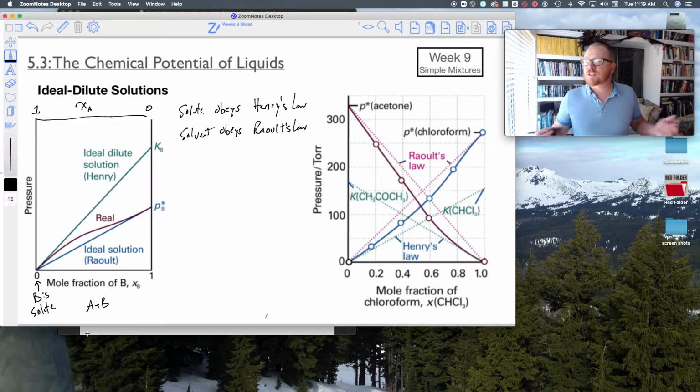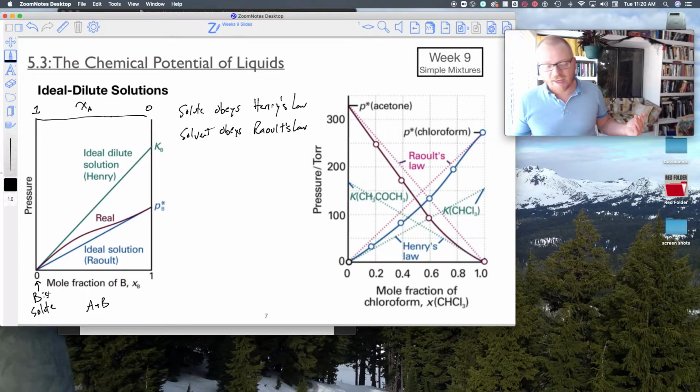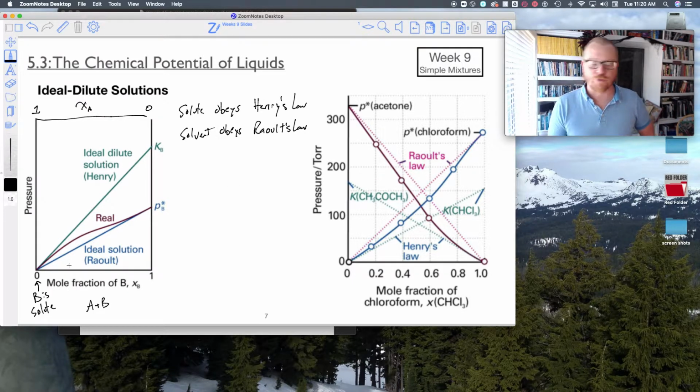And I can say B is the solute because most of the time, I mean all of the time really, our solute is going to be the least concentrated thing in the mixture. So it's going to have the smallest mole fraction. And look at this. It's hovering along Henry's law, this green line. Okay? So Henry's law is just very simple. It's just PB equals chi B times the Henry's law coefficient, KB. So it's just a simple equation, okay?